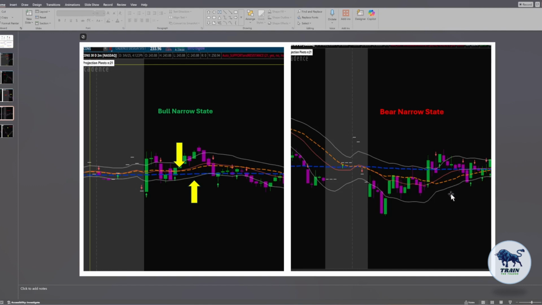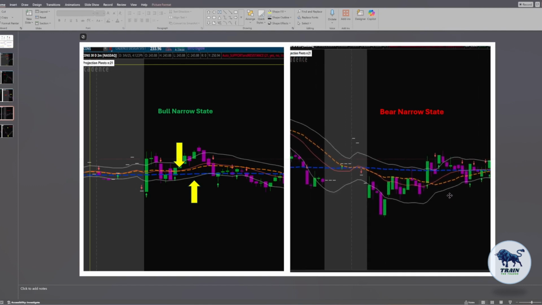And the very opposite, the bear narrow state. So you have the 200 above the 20 SMA, but they're very close together, right? And if you look at the price action in the candles, they're all right around it. Nobody's really separating from anybody.